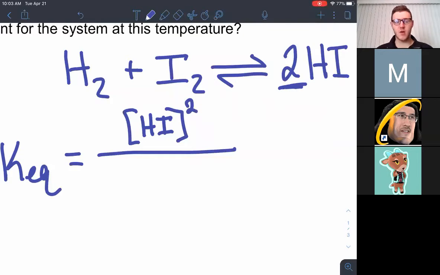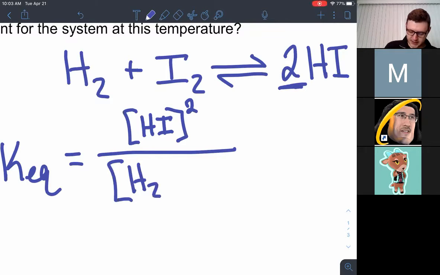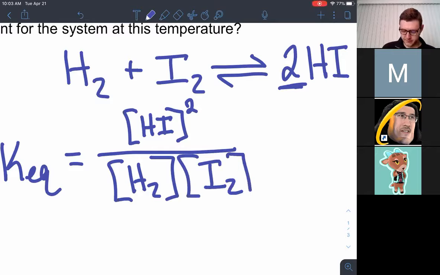So the coefficient in front of our HI tells us the exponent that we have to put on the concentration. And then on the bottom, what goes on the bottom? The reactants. So we put our concentration of hydrogen times our concentration of iodine.